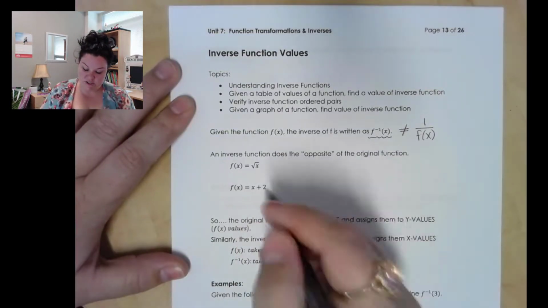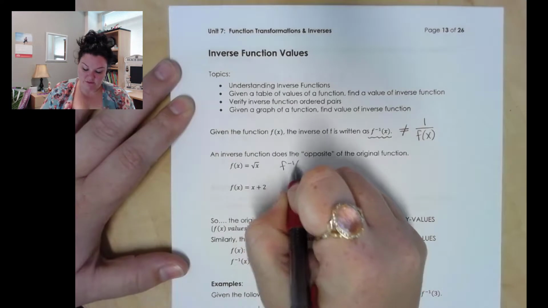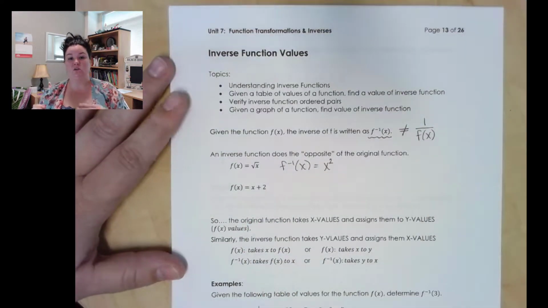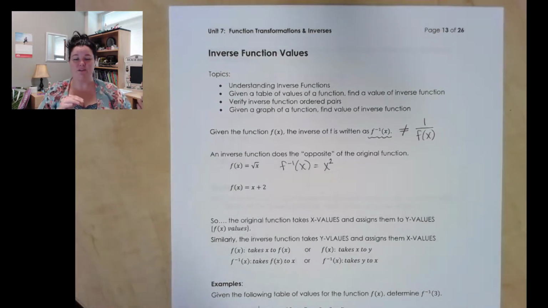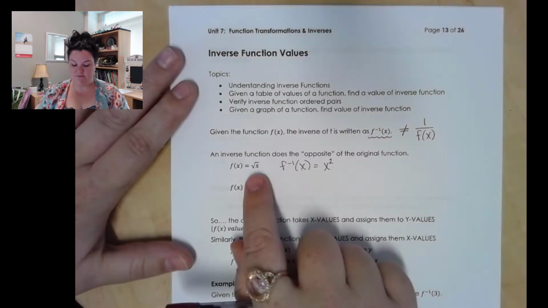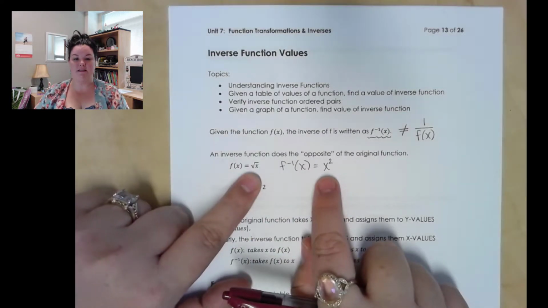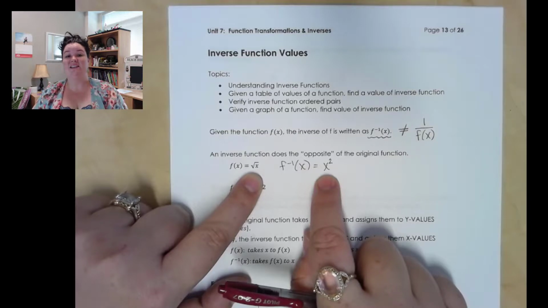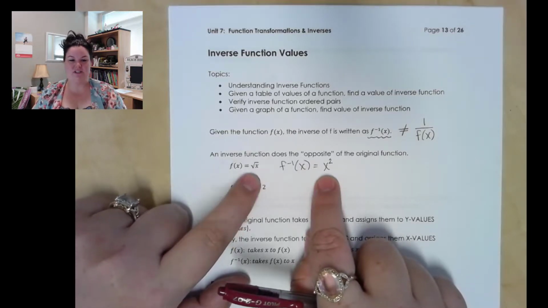So for this function, if I wanted to find the inverse function, it would be to take x and square it, because squaring undoes a square root, and a square root undoes squaring, right? So it's just trying to figure out what is the opposite operation, or the function that undoes what this function is doing.